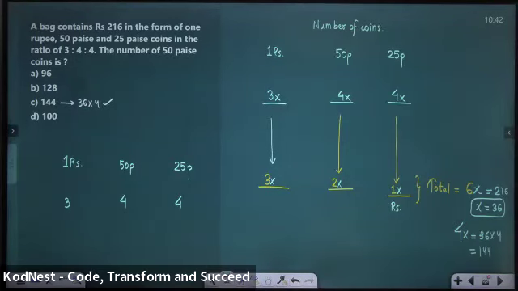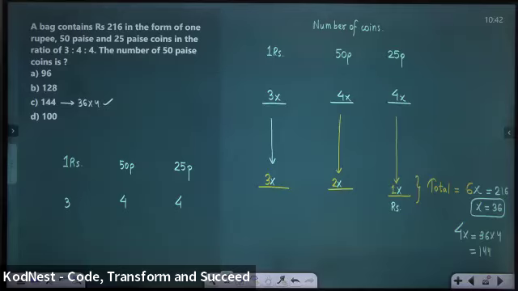Are you asking why we are not calculating the 3x value, Nandini? Just tell me what the question is asking. Which value is the question asking: 1 rupee, 50 paise or 25 paise? 50 paise.